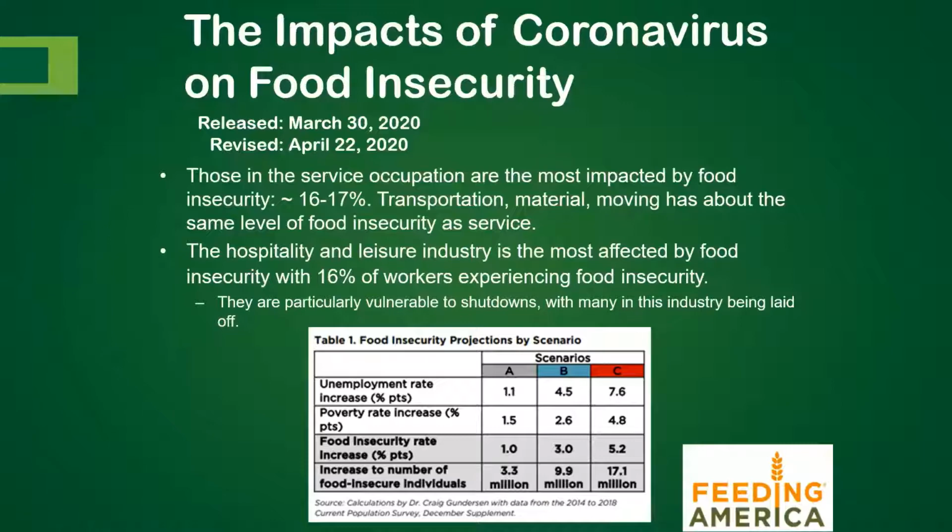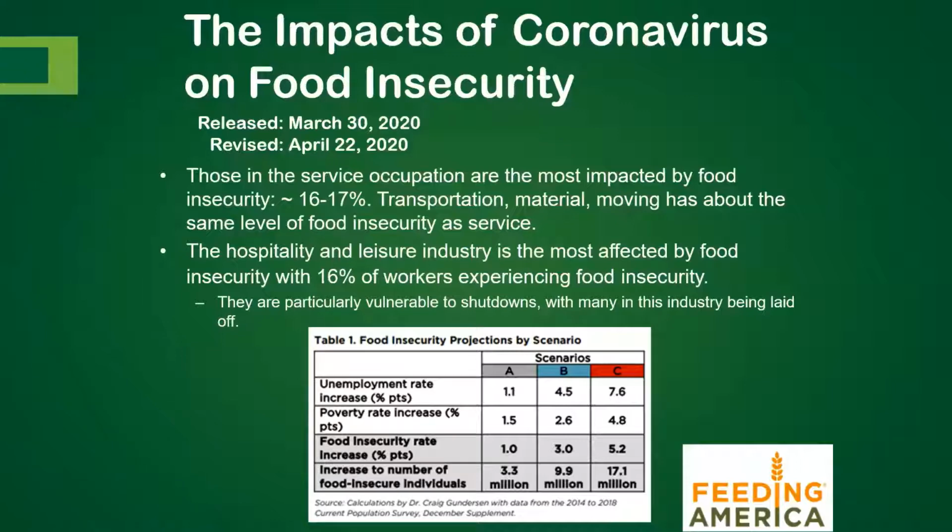As we look at the table at the bottom, scenario A represents the increase in unemployment rate we saw in the first year of the Great Recession. Scenario B represents the increase in unemployment rate in the first 2 years of the Great Recession. And scenario C is a more extreme scenario with an unemployment rate increase of 7.6% and a poverty rate increase of 4.8%.